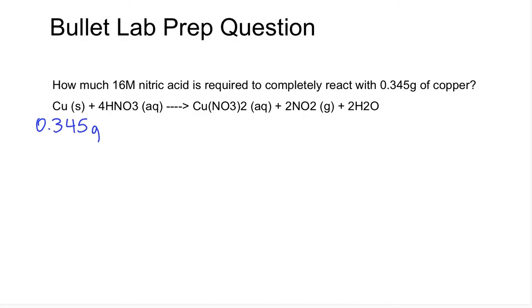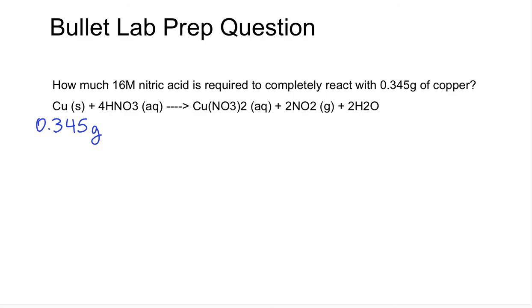0.345 grams of copper. What we're basically going to do is, that could be the mass of your bullet casing. And in order for us to make sure we react it with enough nitric acid, we have to pretend the whole bullet is copper, even though it's not. We're going to make sure to get it all reacted. So we're going to assume that the whole 0.345 g bullet casing is actually copper.